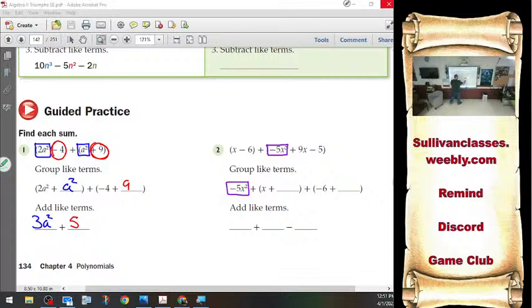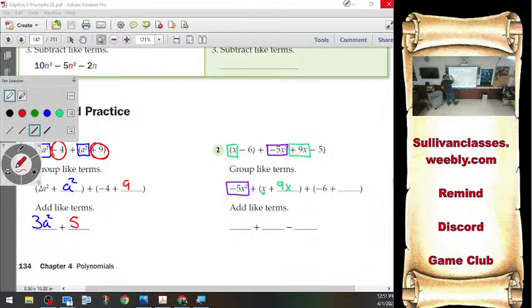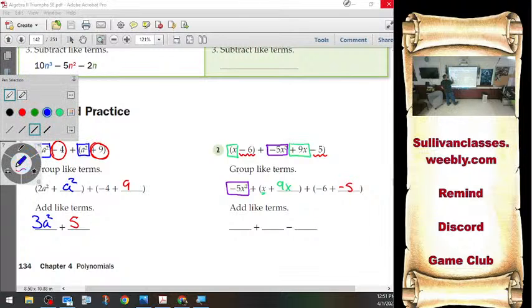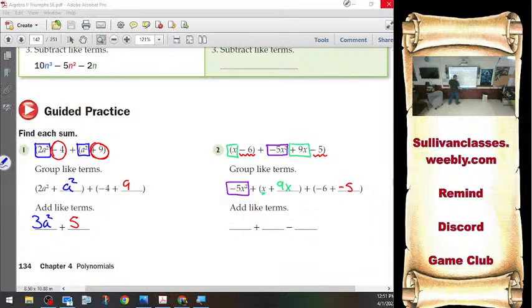And then I look for an x because they're saying, hey, go find more x's. So I add in another 9x. I have a negative 6, I have a negative 5. So negative 6 plus a negative 5. Put together whatever goes together.